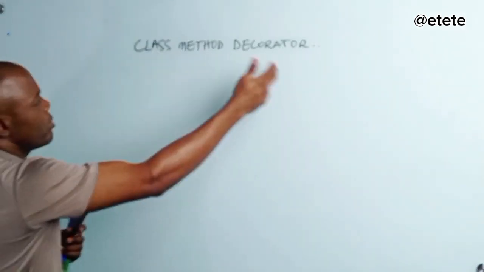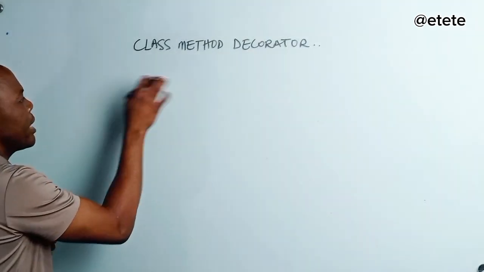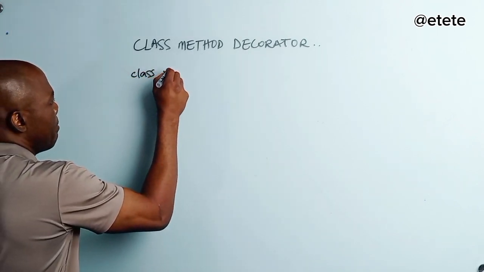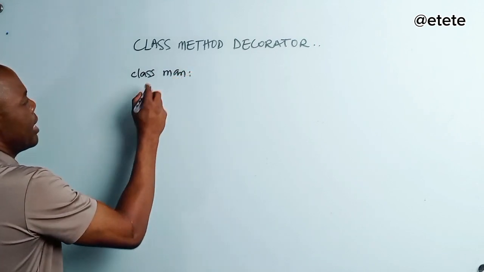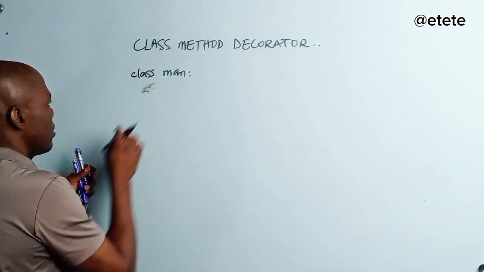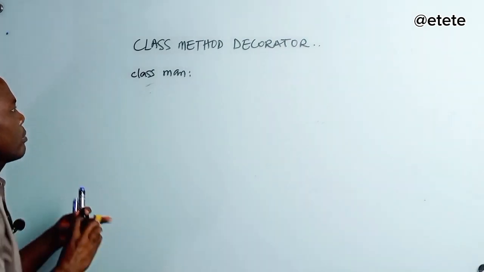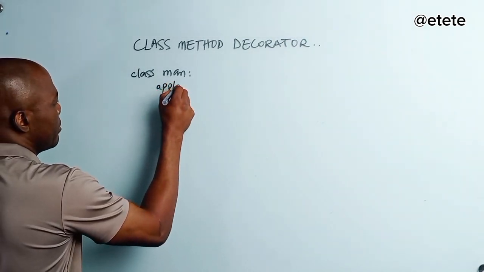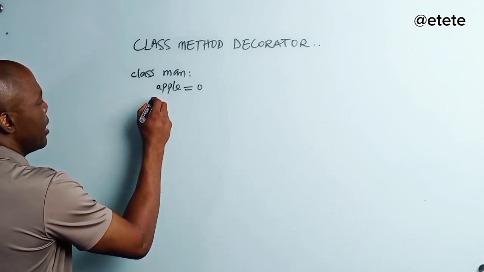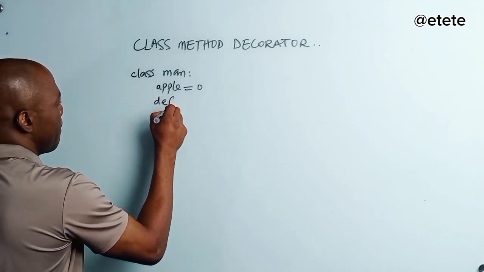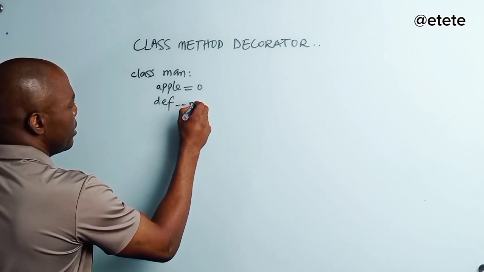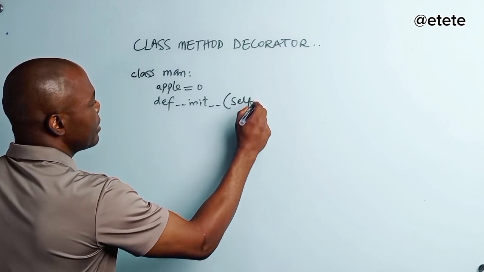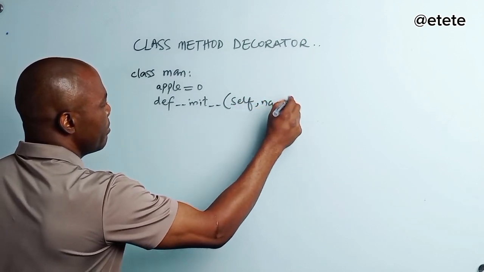Okay? So let's look at this class method. Now, here we are going to do the same thing again. We will create class man, right? And then we will say apple, then we'll assign 0 to it, and then we'll come here and say def init, and then we'll supply self, and also give it another name.